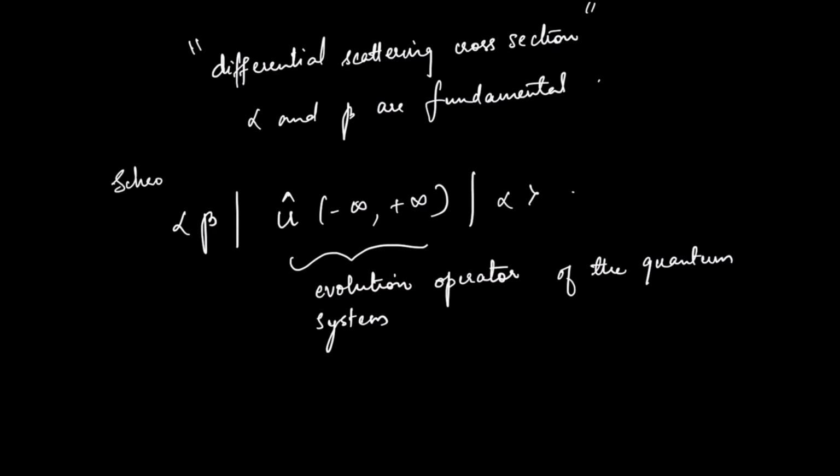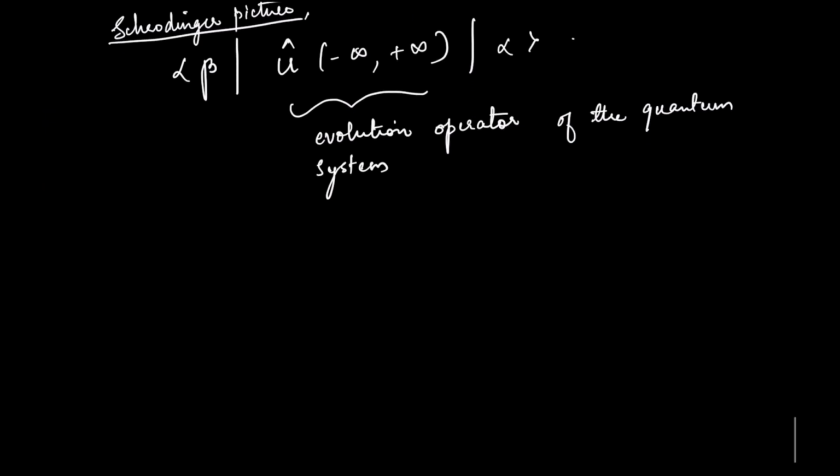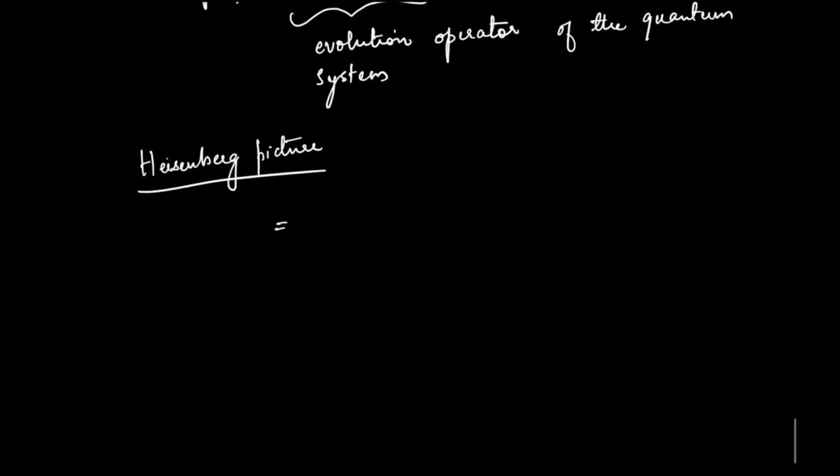This is in the Schrodinger picture, but what we need is the Heisenberg picture, right? So in the Heisenberg picture, I can write it as beta at plus infinity and alpha at minus infinity.